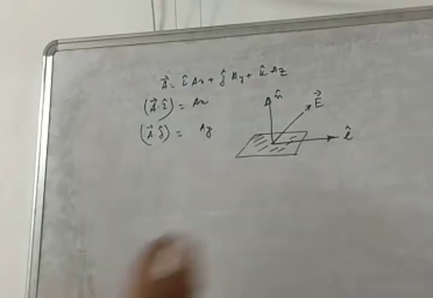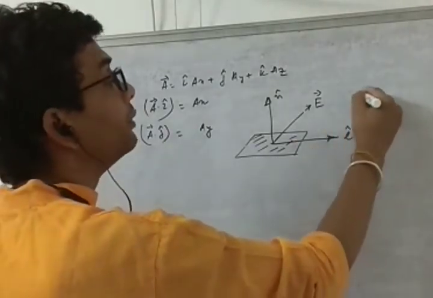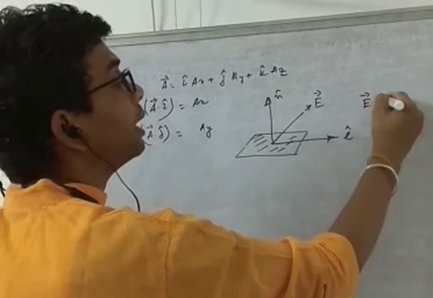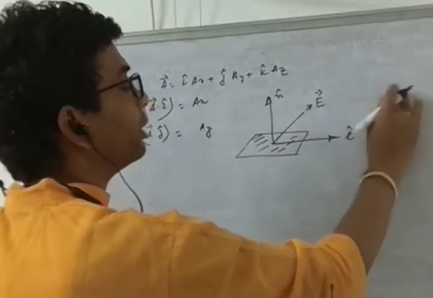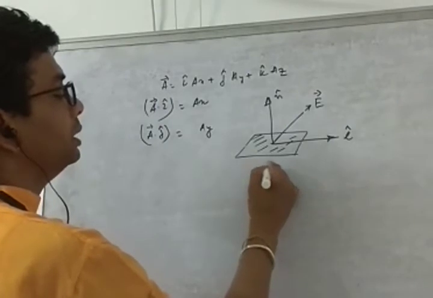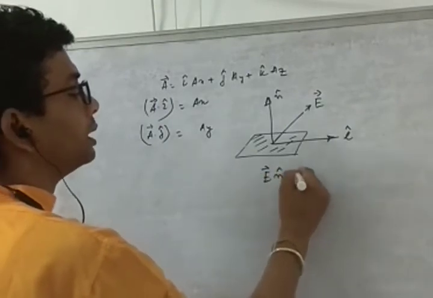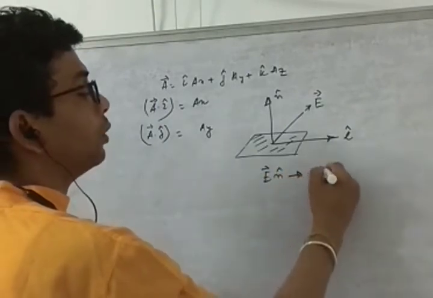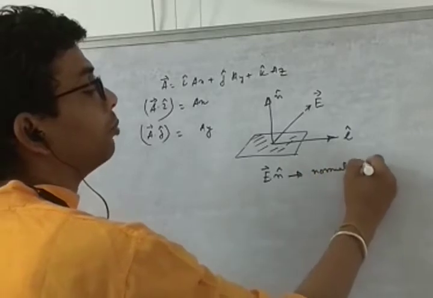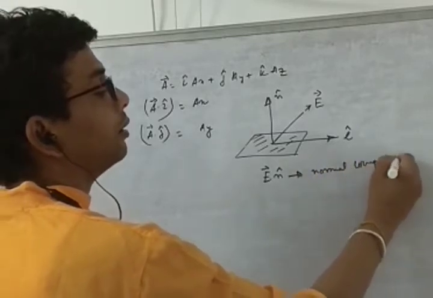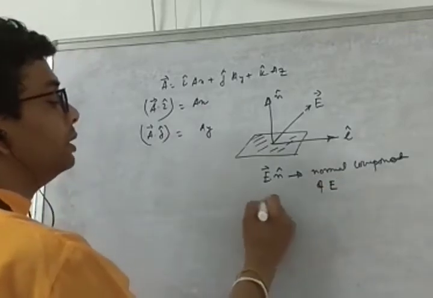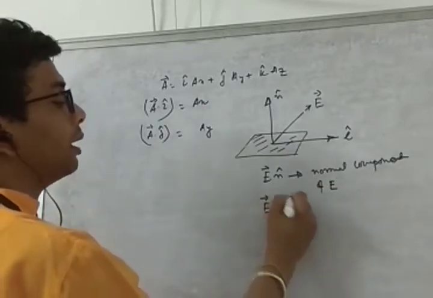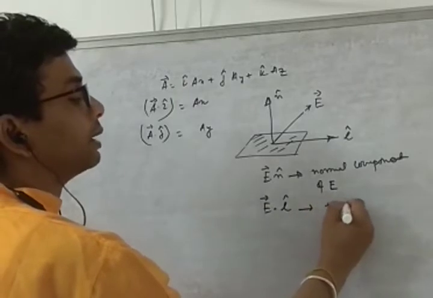So if you perform E dot n, then the result would be the normal component of E. And if we perform E dot L, then we get the tangential component.